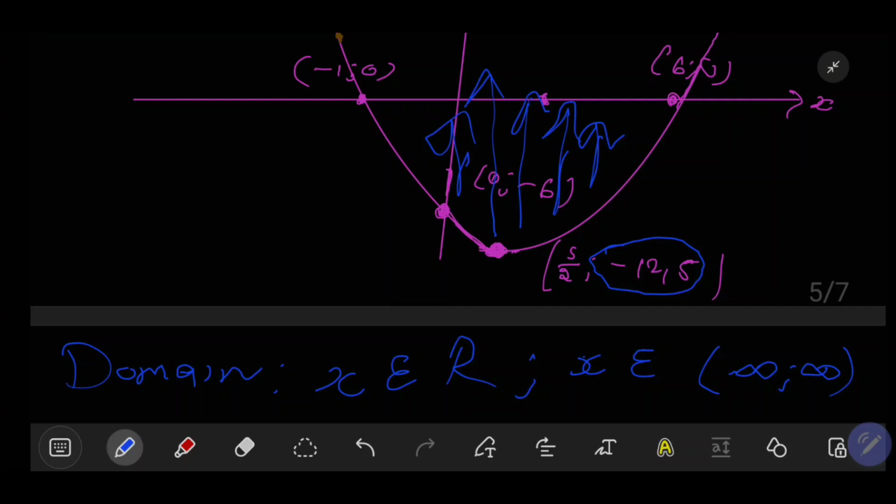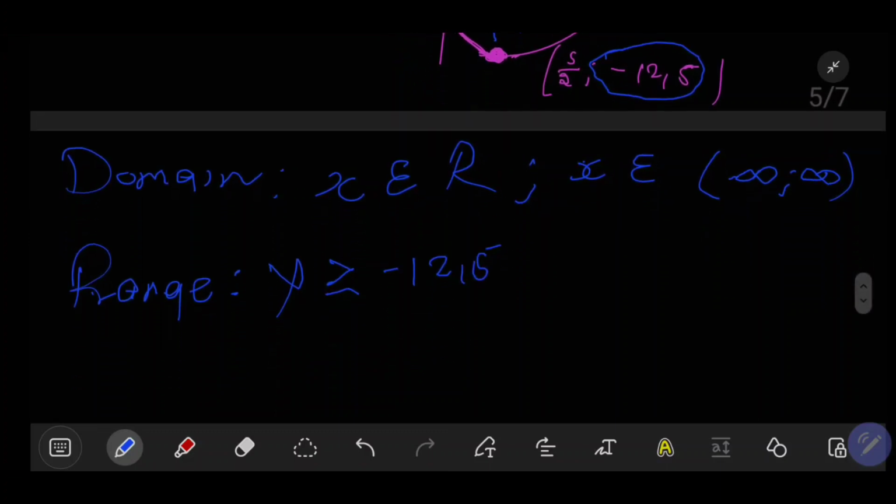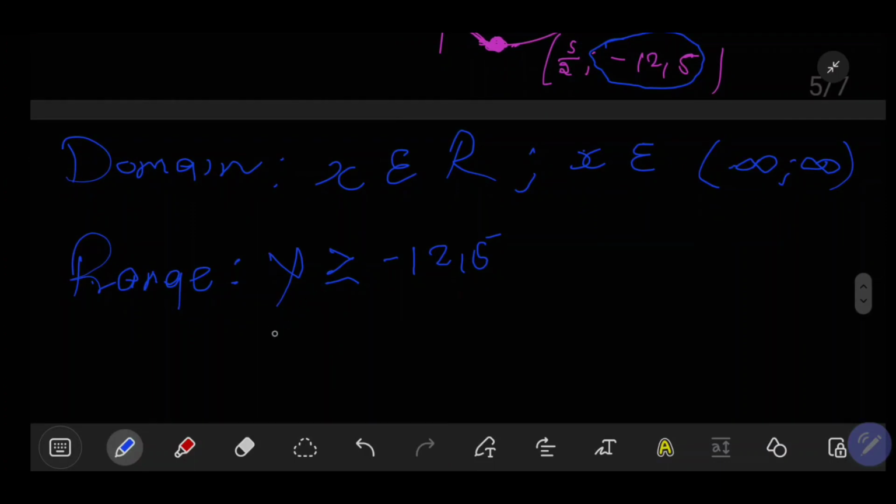But from -12,5 going upwards, the graph exists. So we want every possible y value where the graph exists. So we're going to say y must be greater than or equal to -12,5.